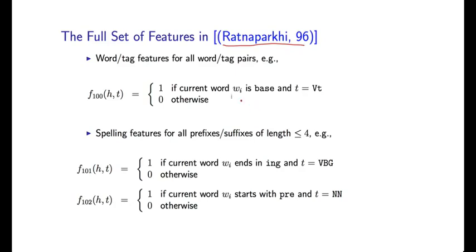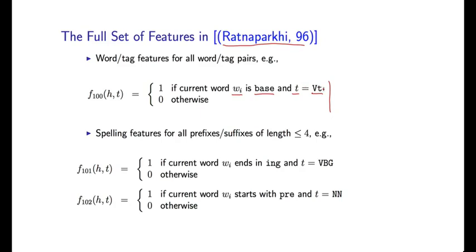So he introduced word tag features, like the one I've shown you here, that pair the identity of wi as a particular word with a particular tag. And he included one feature like this for every word tag pair seen in the training examples. So a quite large number of features which pair words with underlying tags.